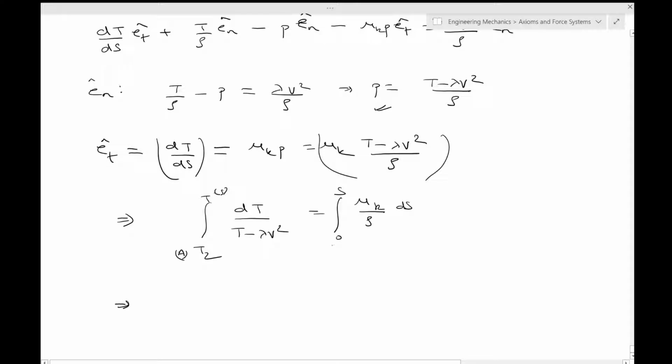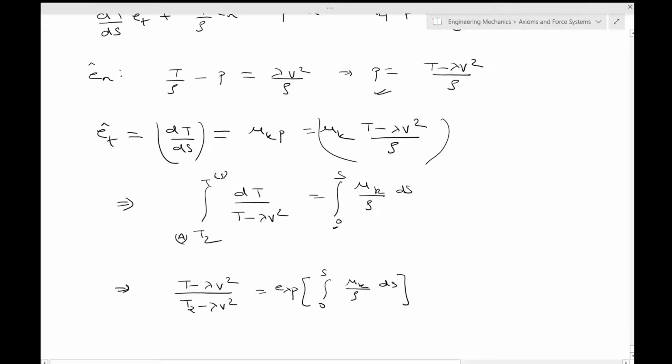That's why you have 0 here, because you are measuring s from A. So this implies t minus lambda v square by T2 minus lambda v square equals exponential of the integral from 0 to s of mu k by rho ds.